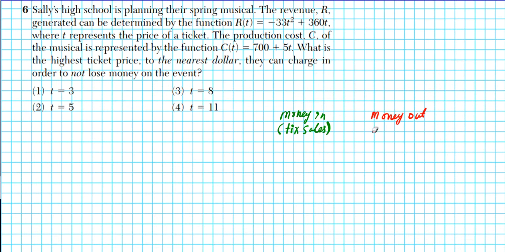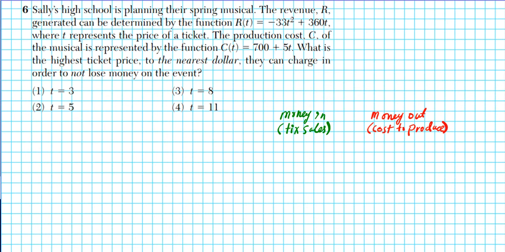Money going out is the cost to produce. Okay? All the expenses involved in setting up the show, that's the money out. Now this is the goal. The goal is to make sure that the ticket price is sufficiently high in order for the cost of production to be fully covered.